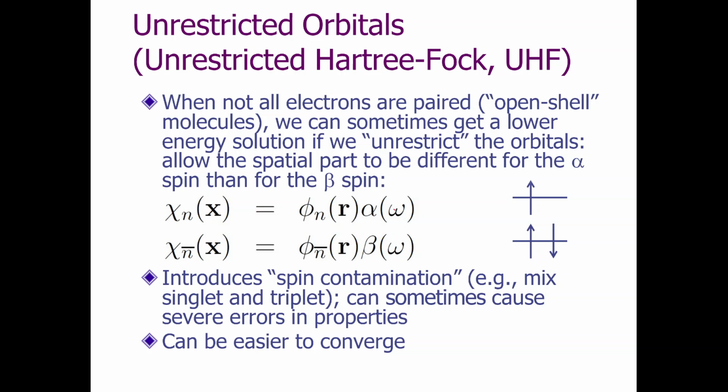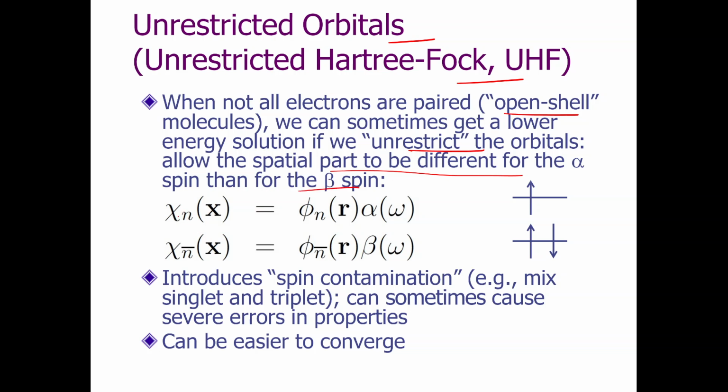So this is the unrestricted orbitals, or unrestricted Hartree-Fock. When not all electrons are paired, in an open shell system, if we unrestrict the orbitals, we allow the spatial part to be different for the alpha spin than the beta spin.